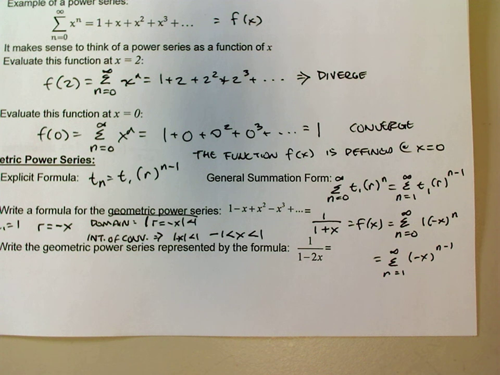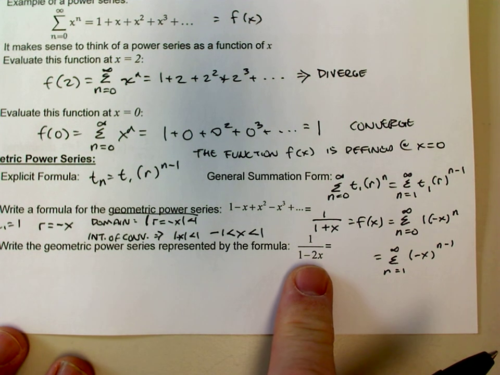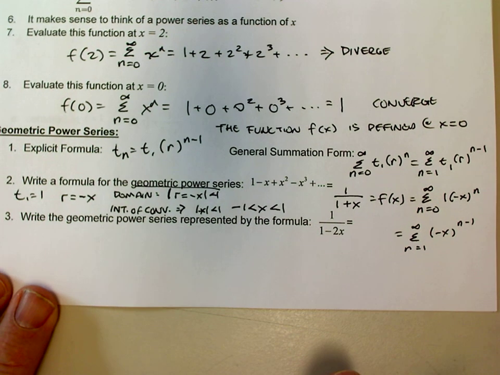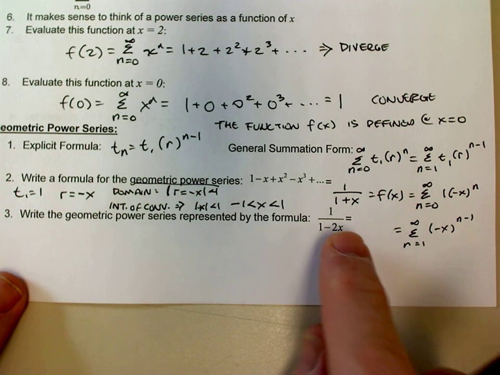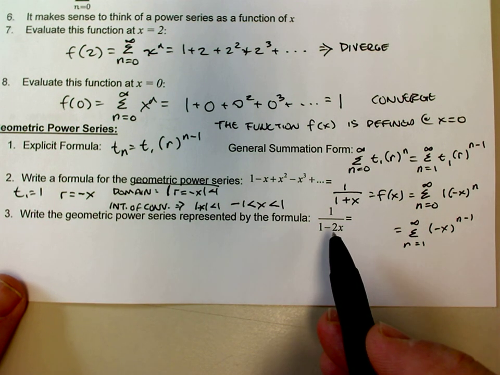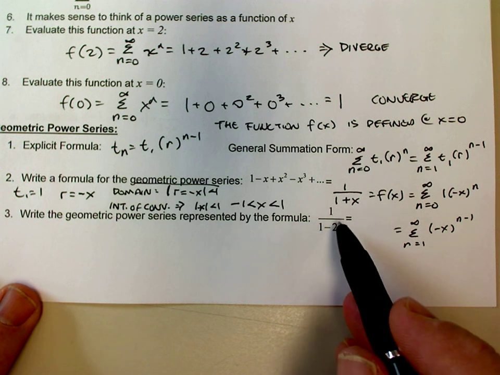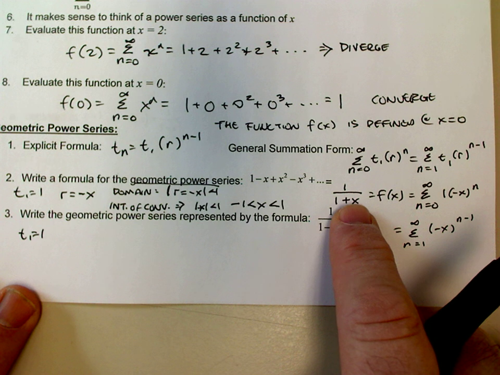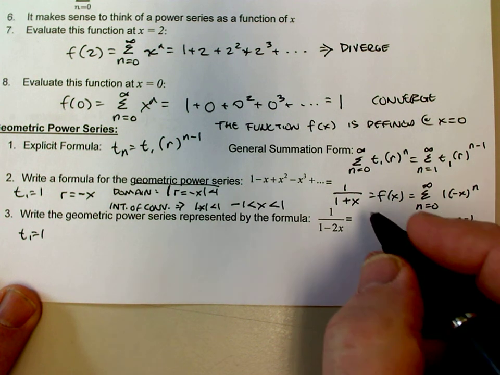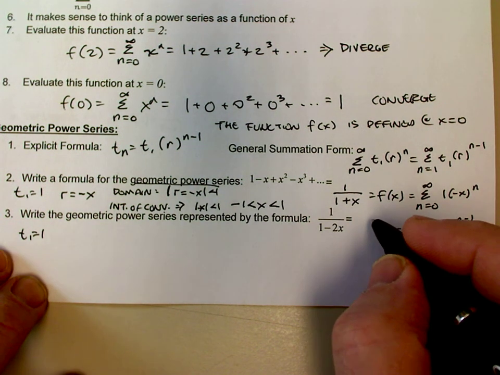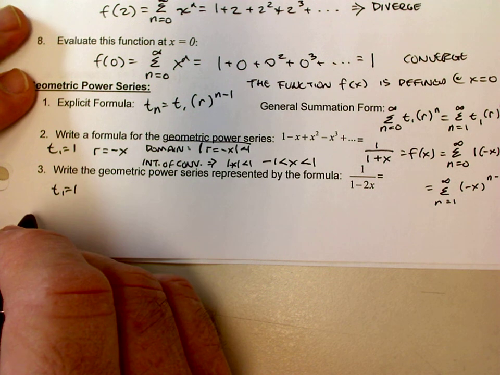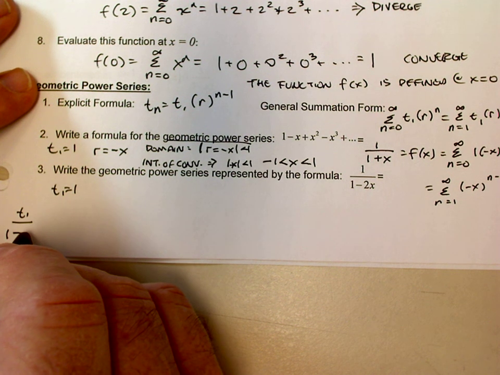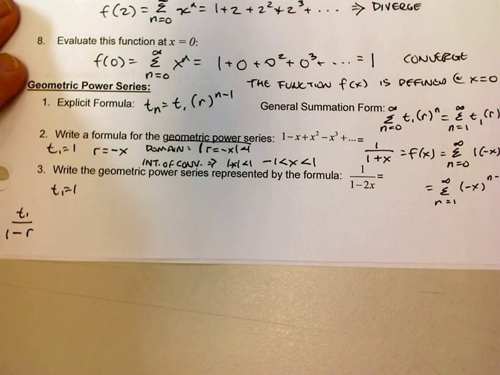Okay. Next one, it gives us the formula, and it says let's write the geometric power series represented by this. So let's take a look at this. I can see from this that my first term, t sub 1, is 1, because you can see this is of that form: t sub 1 over 1 minus our common ratio.